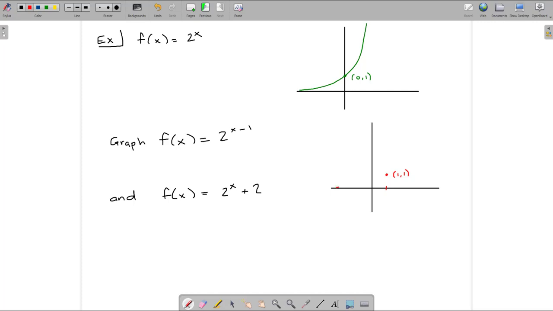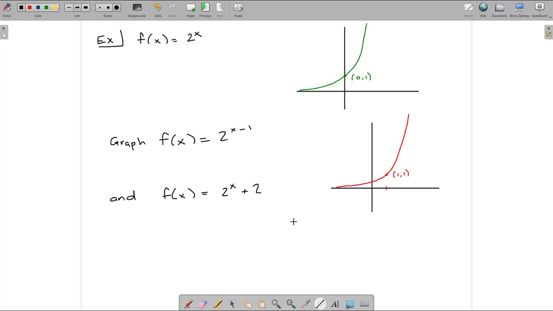We're keeping the same shape of the graph, so it has to look something like this. And you can see it's just scooched over to the right. Okay? And if I had 2 to the x plus 1, that would just take me 1 to the left instead. So that's how the horizontal shifts are going to work.